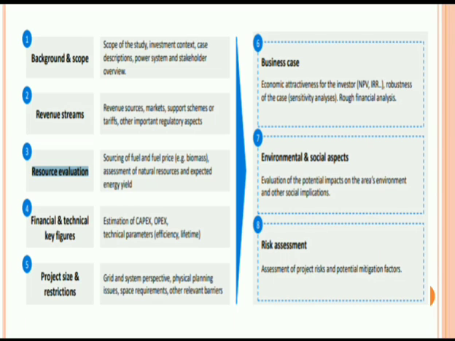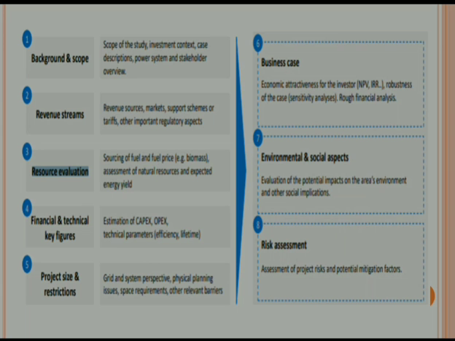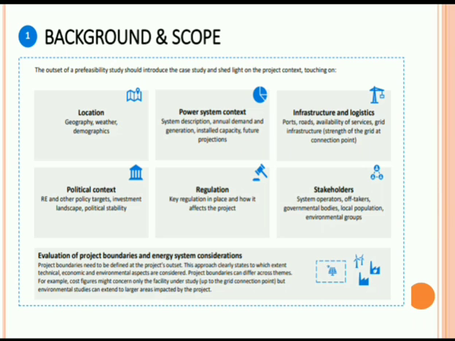In the risk assessment, we will take into consideration the assessment of the project risk and potential mitigation factors. Now, in the first step, that is background and scope, this is nothing but the outset of the pre-feasibility study, which should introduce the case study and shed light on the project context.